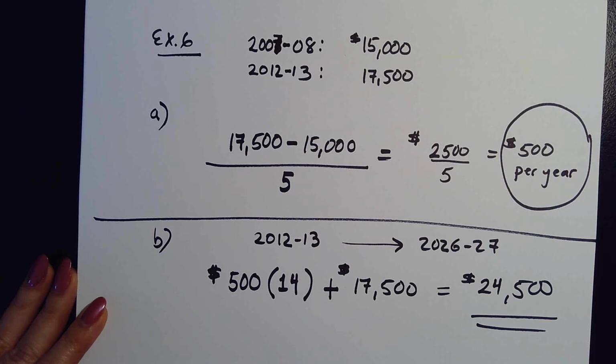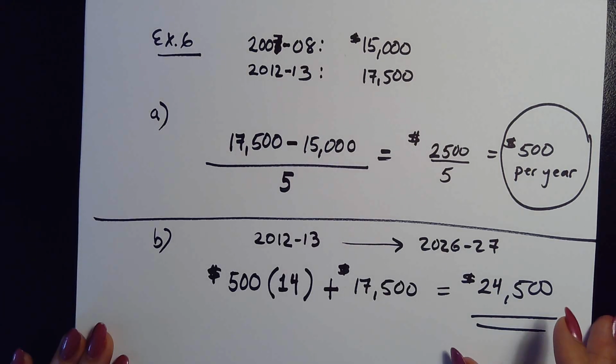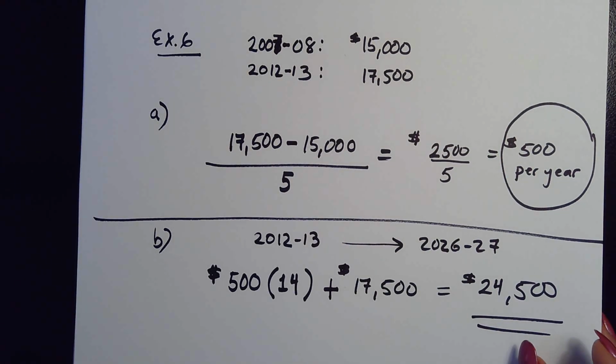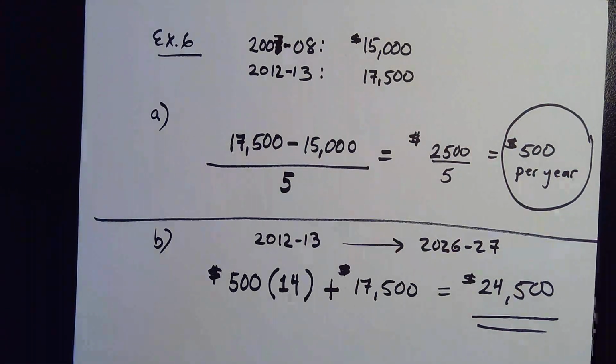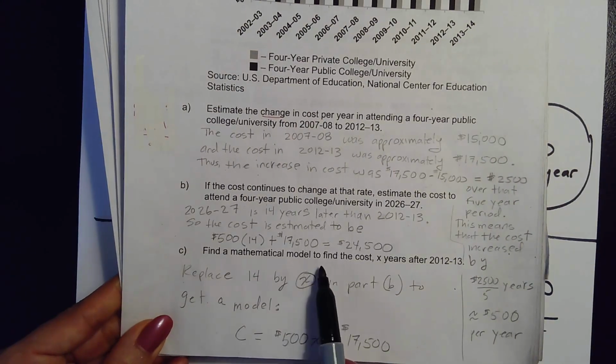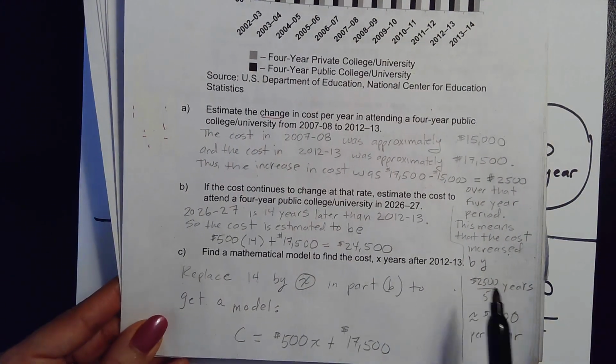Now you can do this for the general case. Instead of writing the number of years, you can write a variable like x, and you write an equation that can give you how much tuition will be in any number of years after 2012-2013. So that's what the next part is. It says find a mathematical model to find the cost x years after 2012-2013.